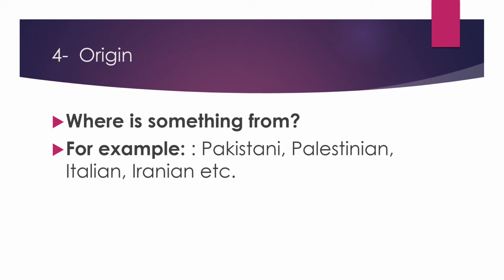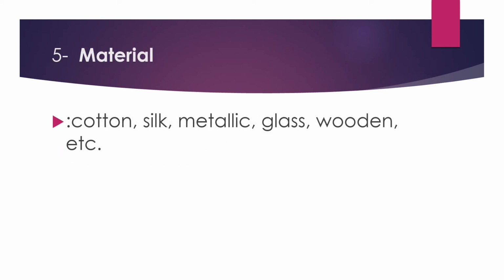Where is something from? That is what origin means. For example, Pakistani, Palestinian, Italian, Iranian, etc. Then we talk about the material, which is cotton, silk, metallic, glass, wooden, etc.